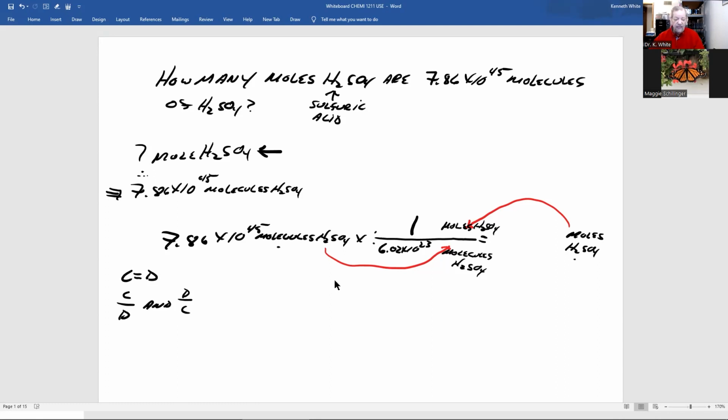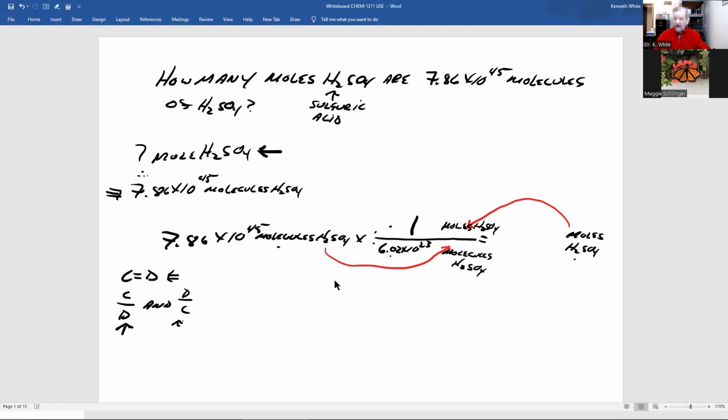And from that relationship, 1 mole equals Avogadro's number, I can write either this or this. In this case, it would be this ratio, moles per molecules.